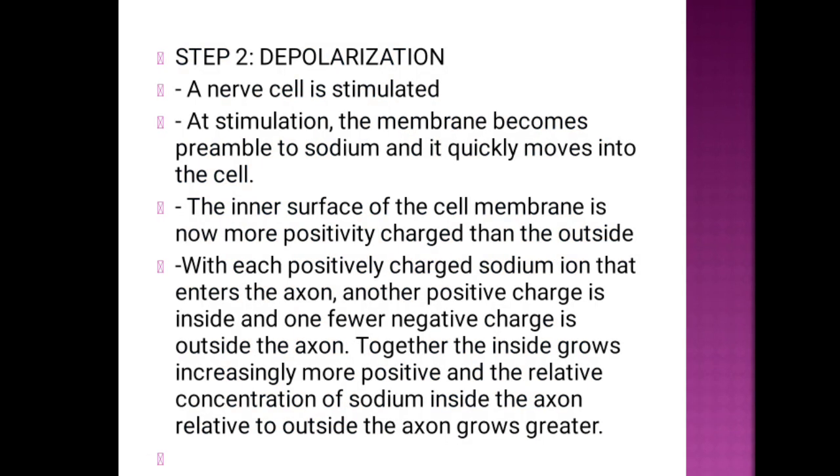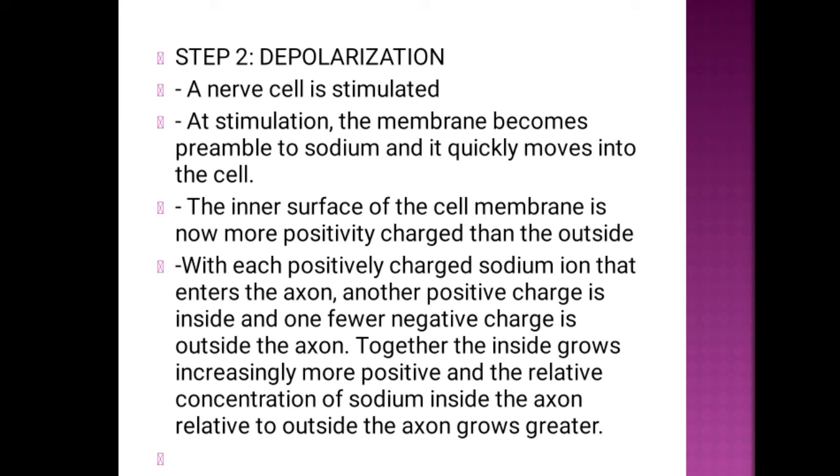Here is the depolarization. We already discussed what depolarization is: it means the loss of resting membrane potential. The nerve cell is stimulated, and the inner surface of the cell membrane now has more positive charges than the outside.